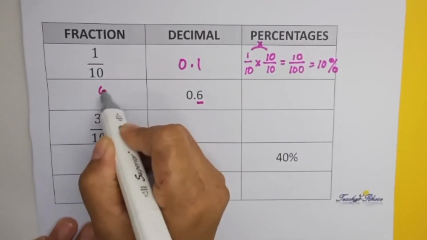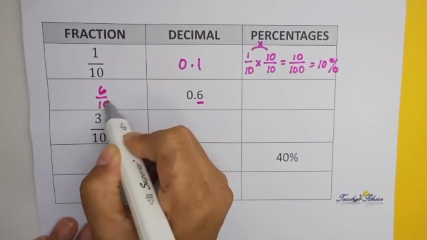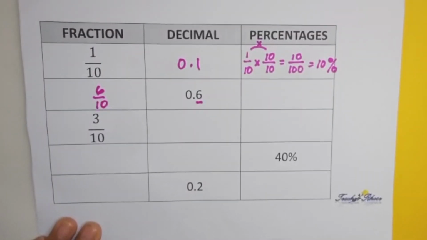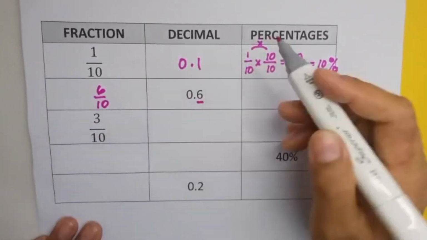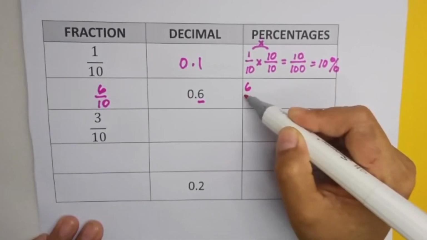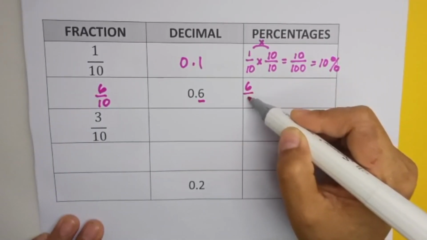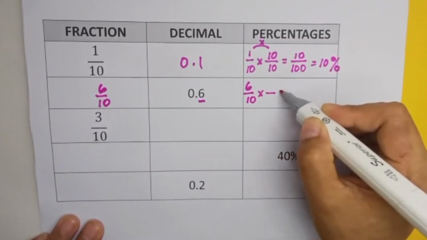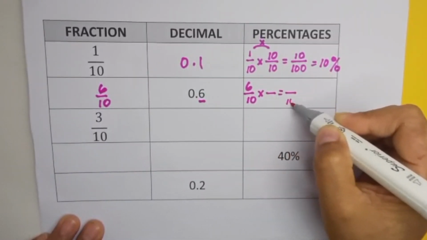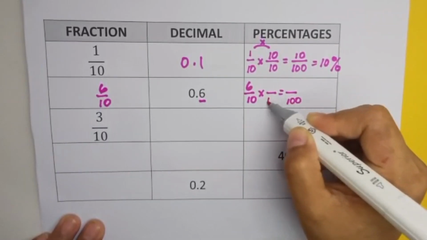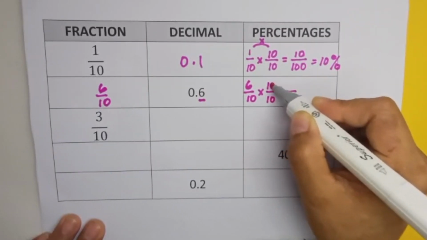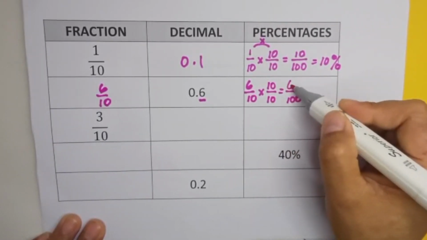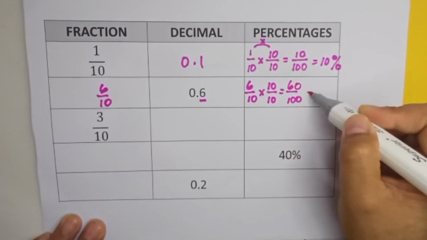That will give you 6 over 10. Next step, to get 6 over 10 into percent, I will just multiply again by a given number that will give me over 100, right? Therefore, this is 10 and 10. 6 times 10 gives you 60%.